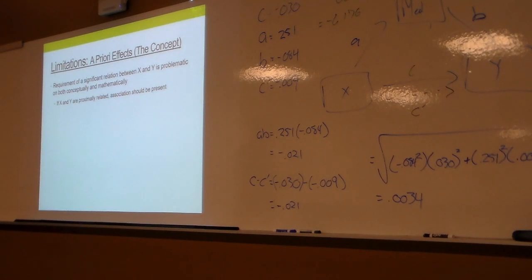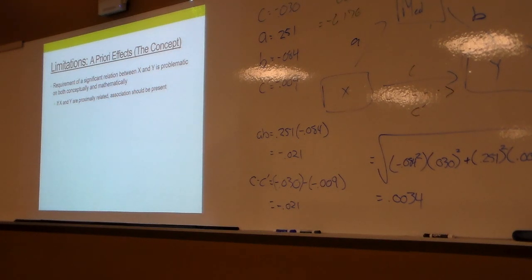Now, if X and Y are measured close in time to one another, then we probably should see a relation between X and Y. If I measure your mood right now and your mood 5 minutes from now, I should probably see a relation right there.